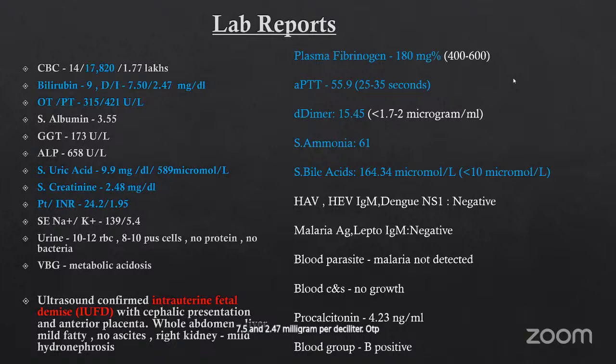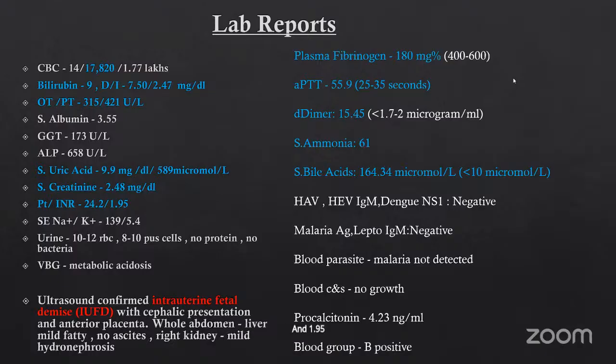SGOT and SGPT were also raised, 315 and 421 unit per liter, and serum albumin was 3.55, GGT was 173, ALP was 658 unit per liter, serum uric acid was 9.9, and serum creatinine was 2.48. PT and INR were 24.2 and 1.95.